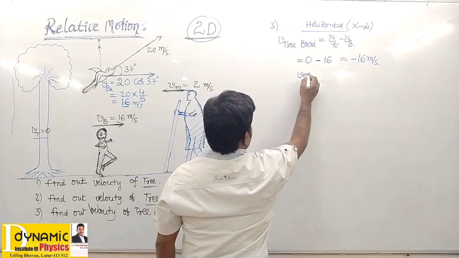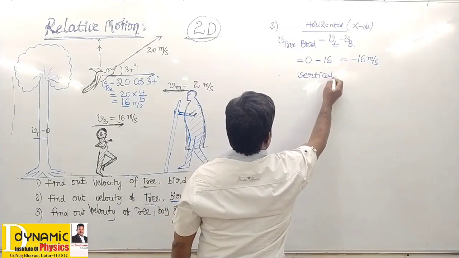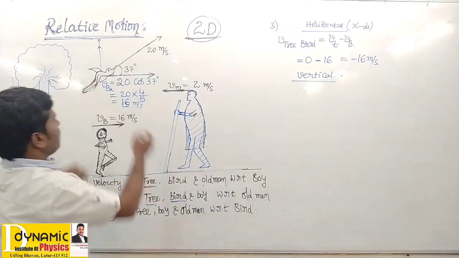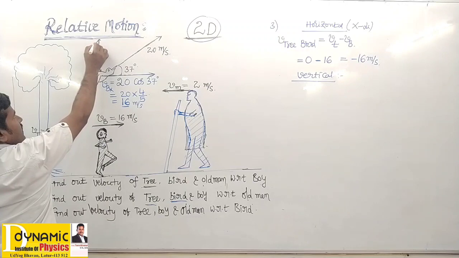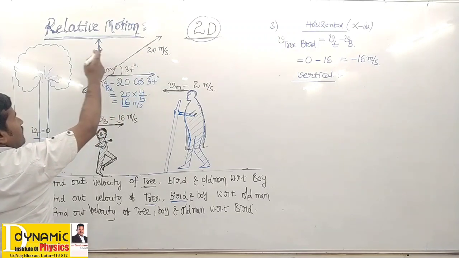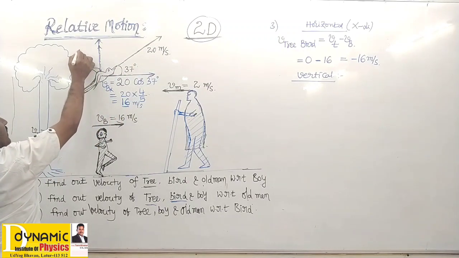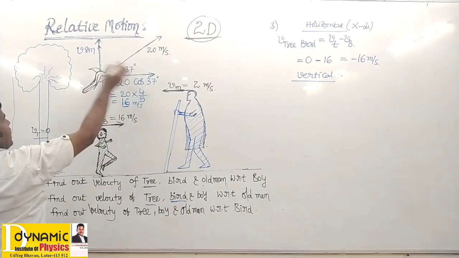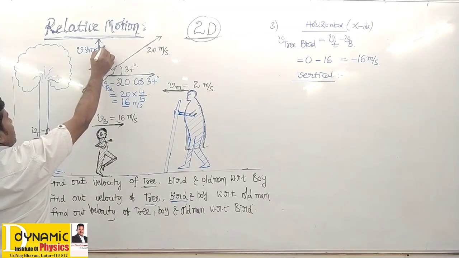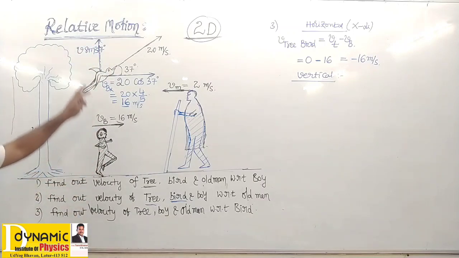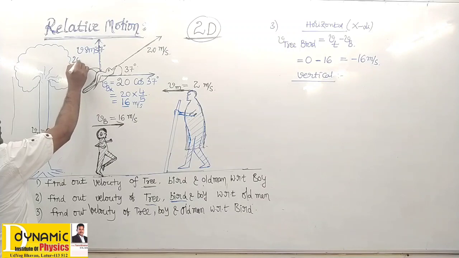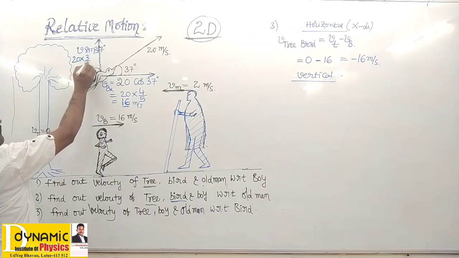But now the vertical condition. The bird's velocity is 20, but in the vertical direction it is V sin 37. So this is 20 into sin 37, which is 3 by 5.